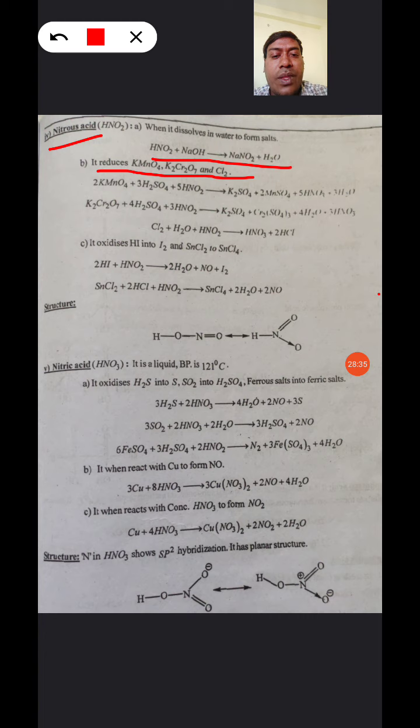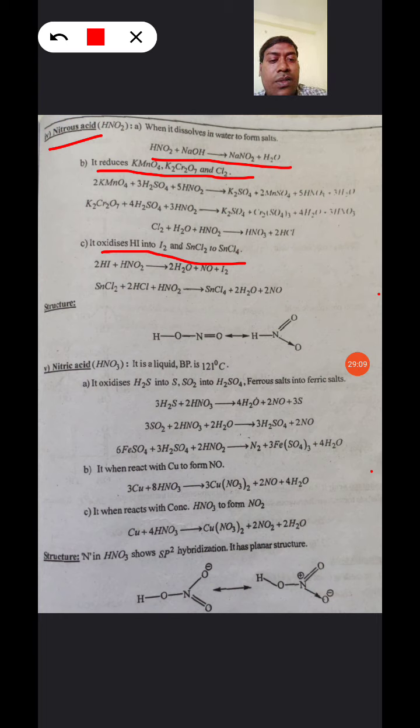The next, this nitrous acid oxidizes hydrogen iodide into iodine and tin dichloride to tin tetrachloride.